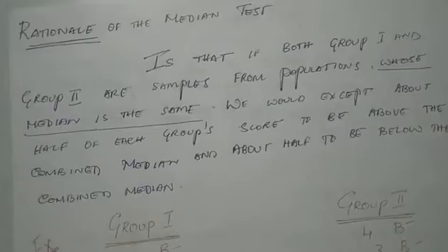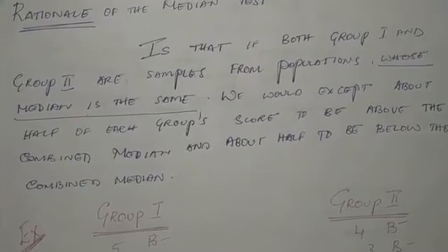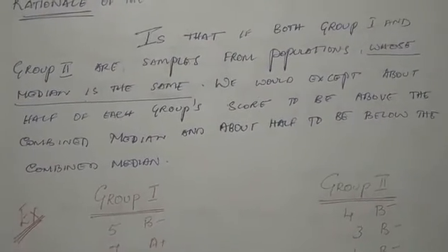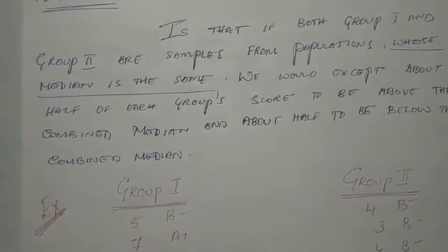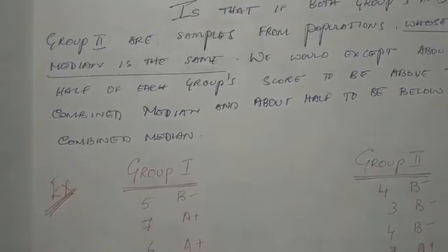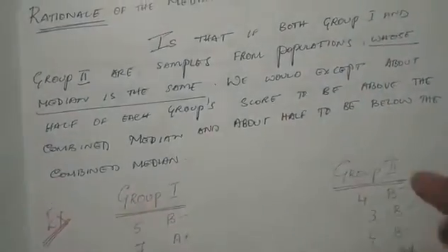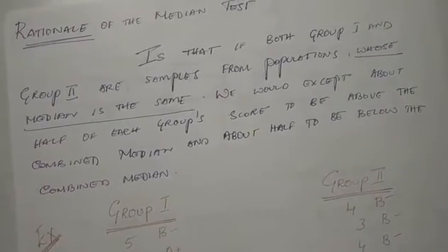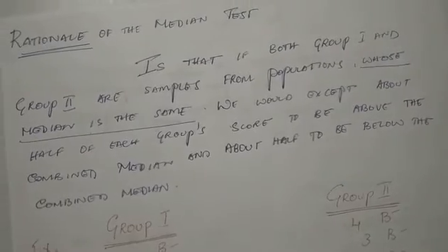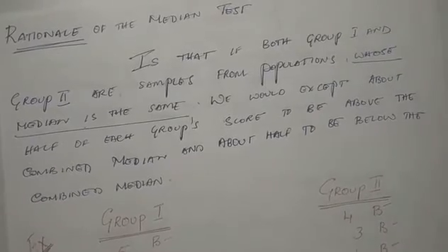So here is the rationale of the median test. Rationale means the idea of the median test: if both group 1 and group 2 are samples from populations whose median is the same, we would expect about half of each group's scores to be above the combined median and about half to be below the combined median. This is an ideal situation, which we do not have as an example, where both groups are taken from a population with equal medians, group 1 median equal to group 2 median.